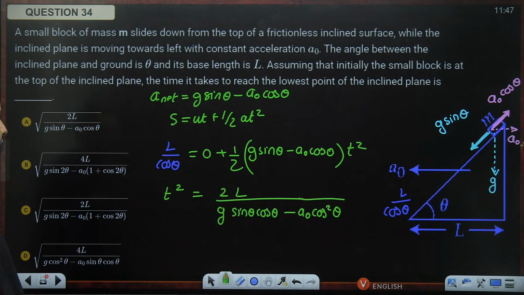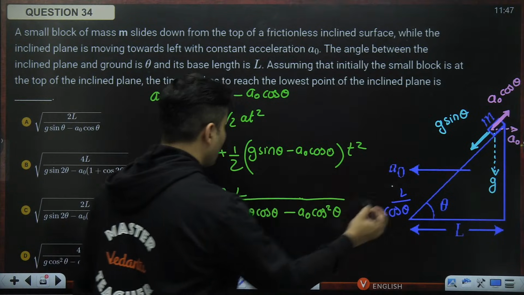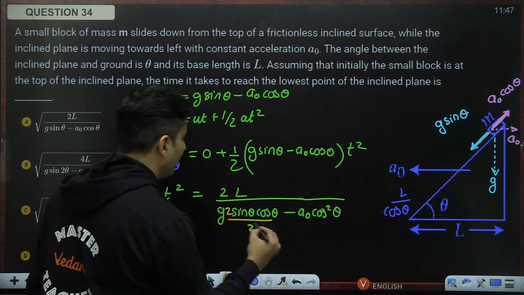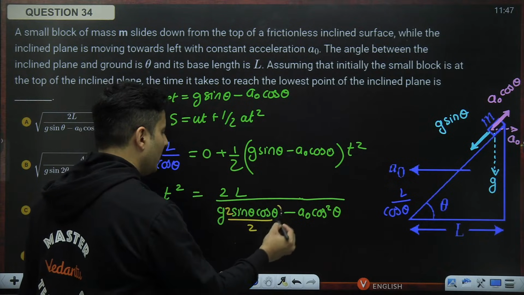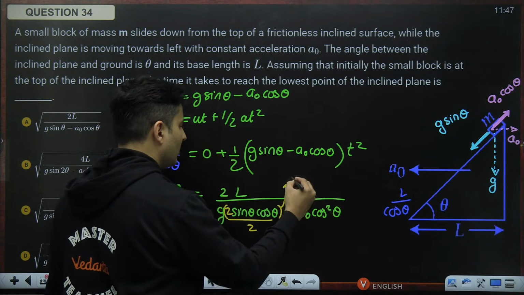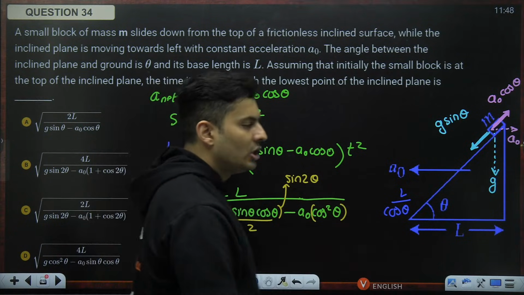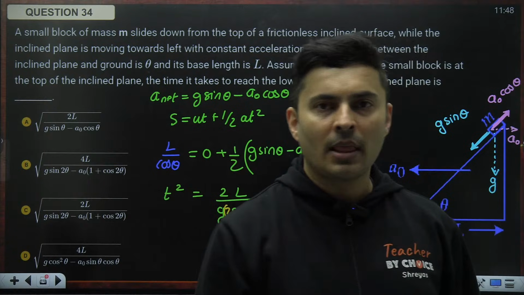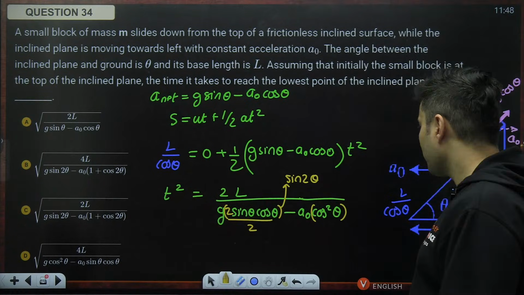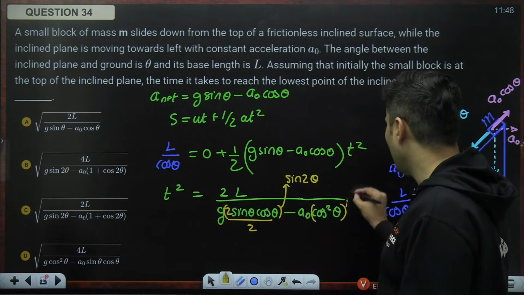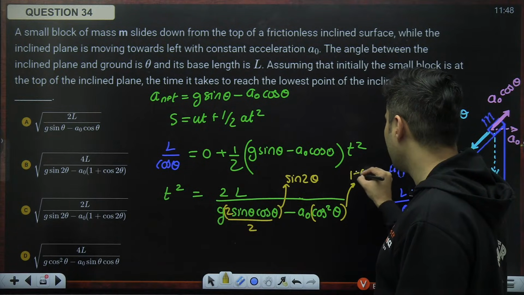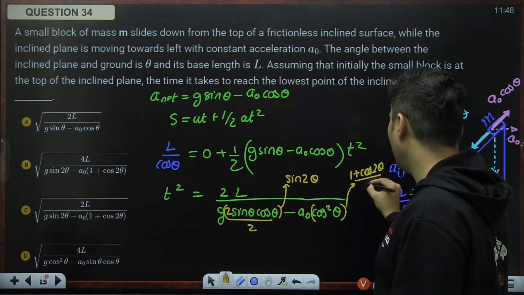Just take this out: 2L, yes, g, and this thing, t square. Now I can see sine 2 theta and cos 2 theta, because deliberately they have done it. If you multiply this by 2 and divide by 2, this is going to be sine of 2 theta and cos square theta, guys. 2 cos square theta minus 1 is cos 2 theta, so cos square theta I can always substitute as 1 plus cos 2 theta divided by 2.